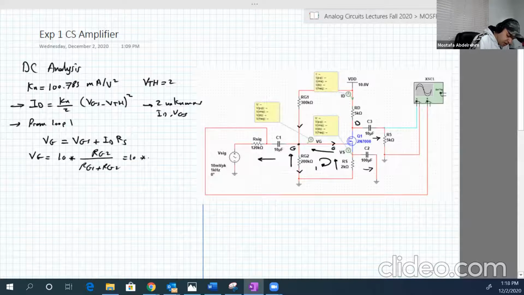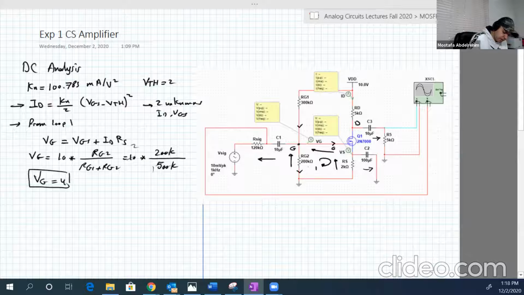RG2 is 200 kilo ohms over 200 kilo plus 300 kilo, which is 500 kilo. So basically the 2 zeros will cancel, this is 1 over 2 by 5... so VG is actually equal to 4.